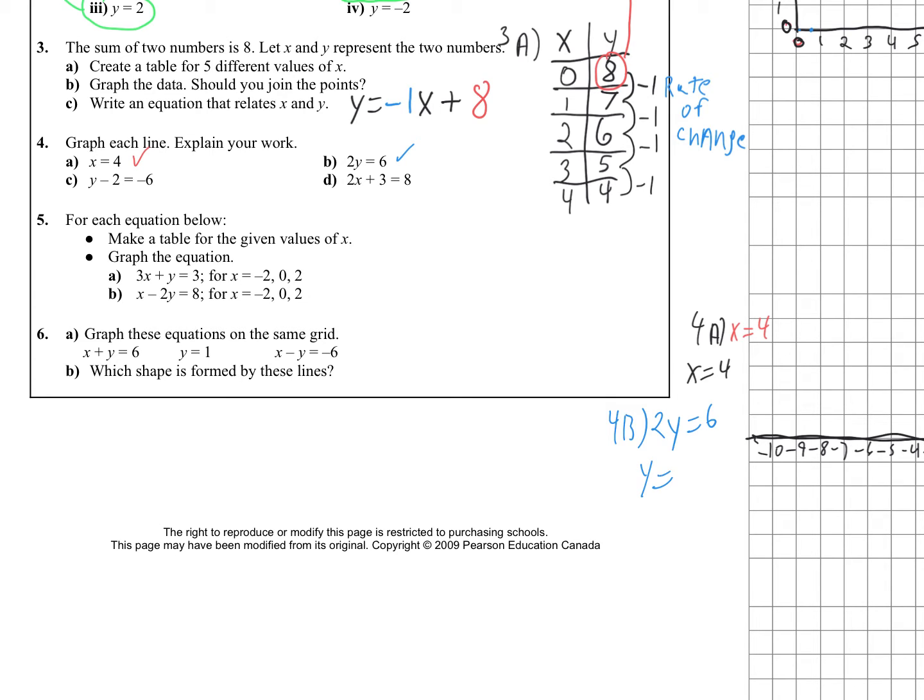So y equals 6 over 2, which equals 3. So I know y equals +3. So for line B, 2y equals 6 really comes down to y equals 3.